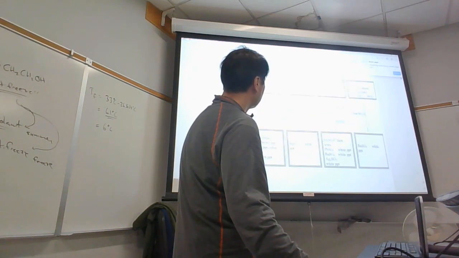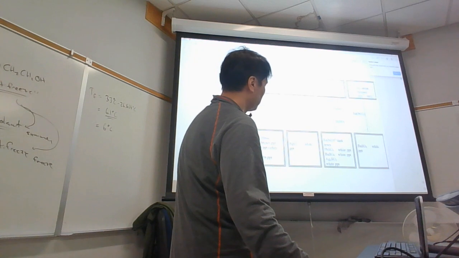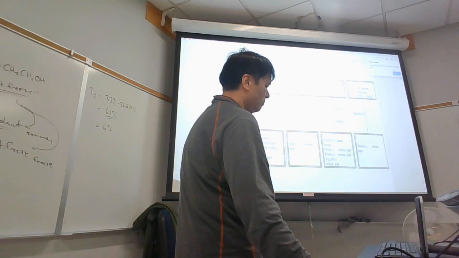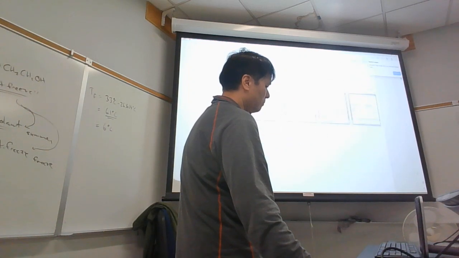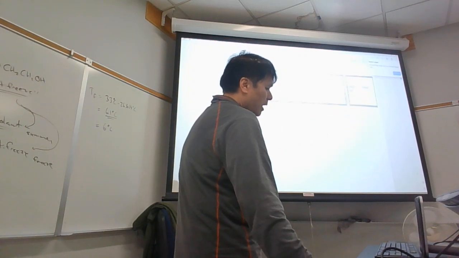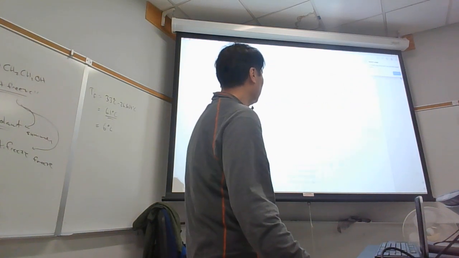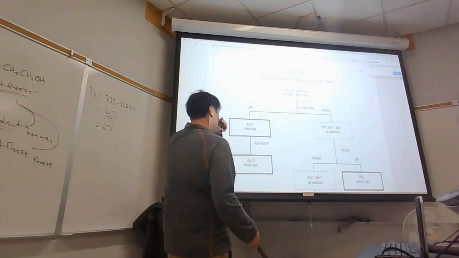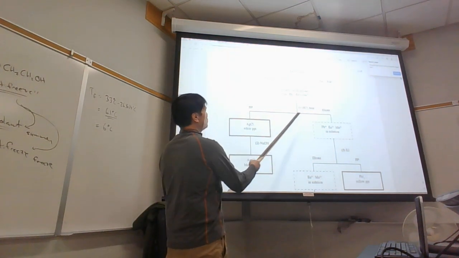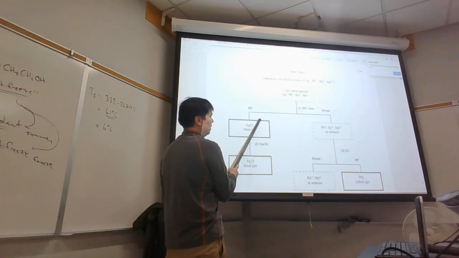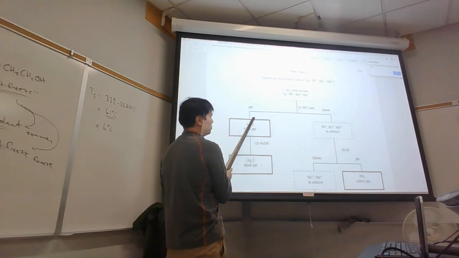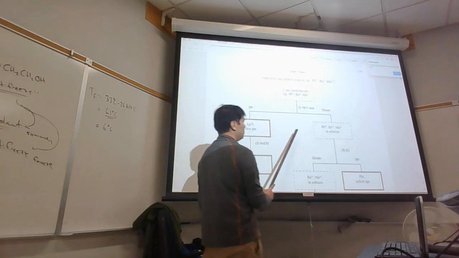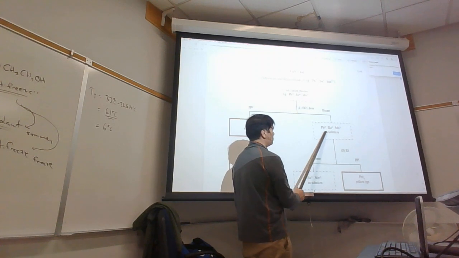So what is the purpose of washing it, doing the first, second, third? Well, I understand the first wash, but the second, third, is that just to? No, well, it depends. Maybe you only need one more. It depends on how good the first wash is. We try to use a minimum amount of wash solution for the first wash. If we use too much wash, this becomes too dilute.